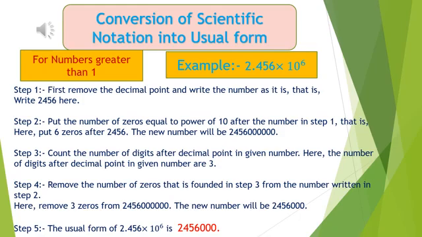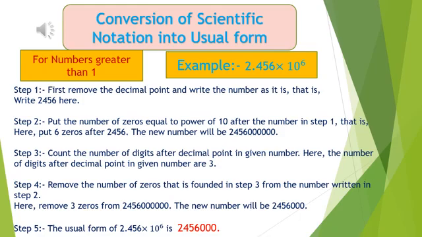Now step number 3. Count the number of digits after the decimal point in your given number. Your given number is 2.456 and how many digits are there after the decimal? 4, 5, 6. 3 digits are there. So step number 4 says to remove the number of zeros found in step 3 from the number written in step 2.